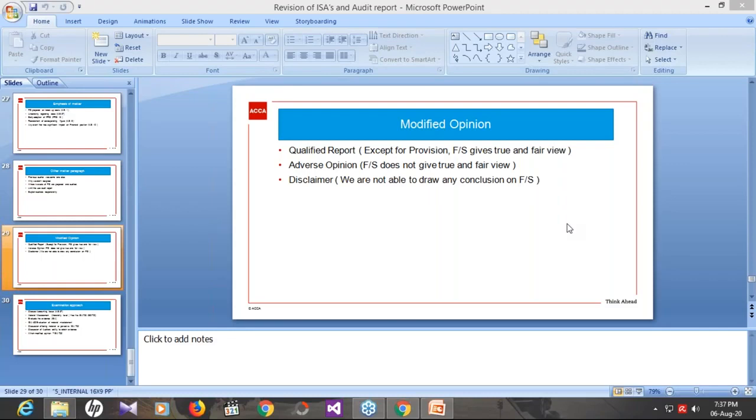For example, if the provision that is not recorded is above the materiality benchmark, but it doesn't have a substantial effect, and we are not provided the correspondence of the lawyer, or we are not provided the written representation, then we are not able to obtain sufficient appropriate evidence, and as it is a material misstatement, we will go for the qualified opinion.